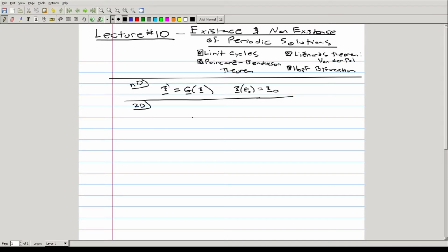And for a 2D system, we recognize this immediately as xi1 prime is equal to g1 of xi1, xi2, and xi2 prime is equal to some function g2 of xi1, xi2.